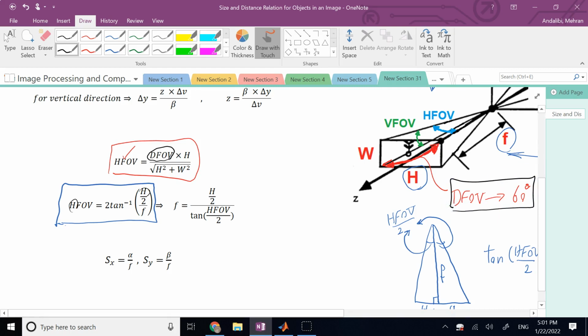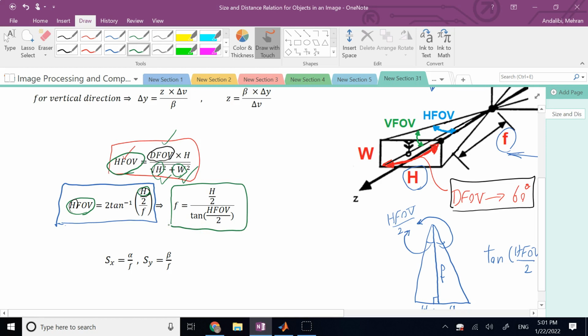The other thing you can find on many manufacturers' websites are H and W. They give you the sensor size. If you get these three pieces of info from the manufacturer, then you can find, let's say, HFOV yourself through this formula, plug it in here, and guess what? In this formula, once you know H and HFOV, you can find what? You can find F, the focal length.